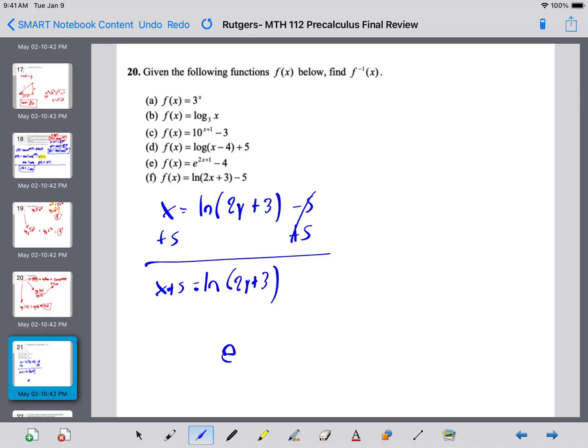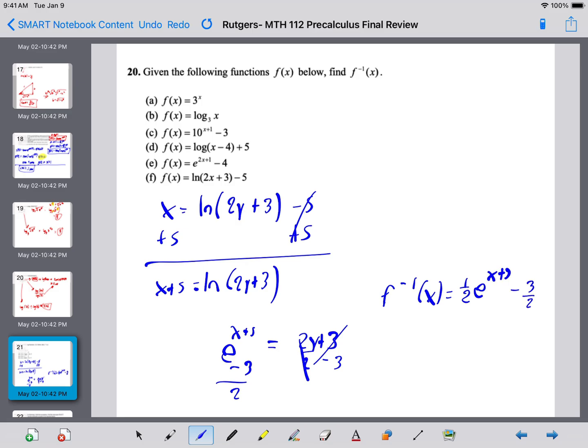The argument is 2y plus 3. The exponent is x plus 5. You're going to subtract 3 and divide by 2. So we get the inverse of f of x equals 1/2 e to the x plus 5, minus 3/2. All right.